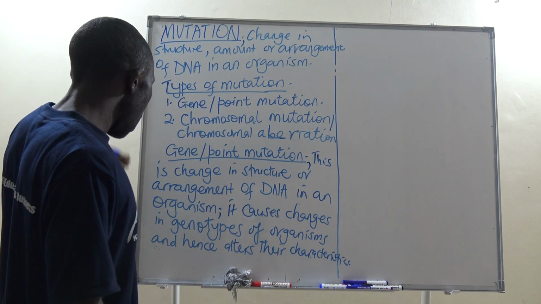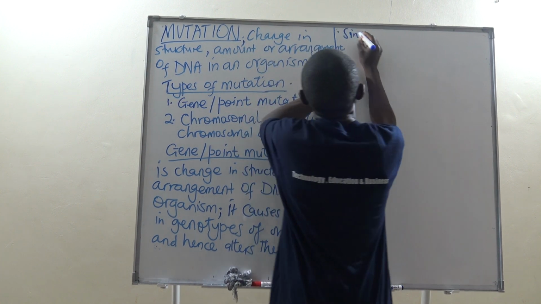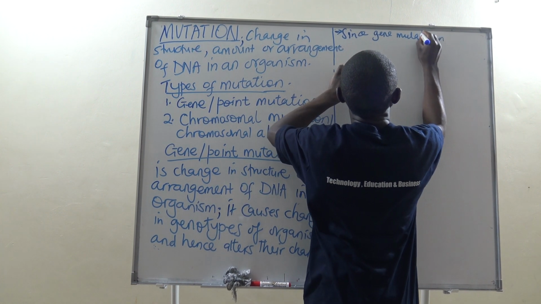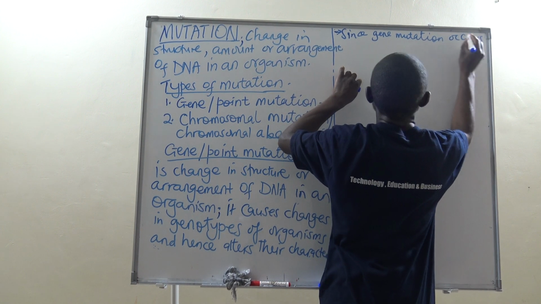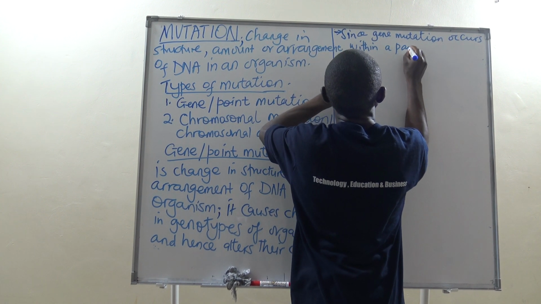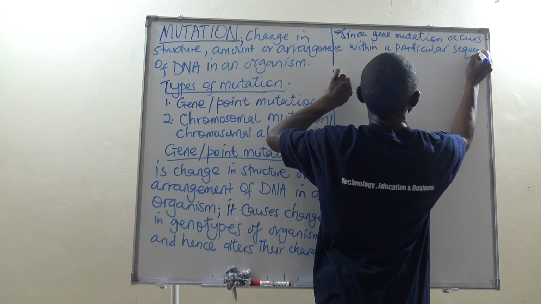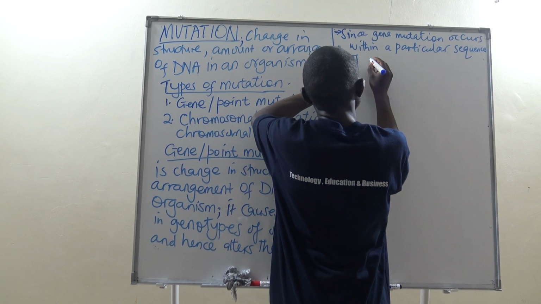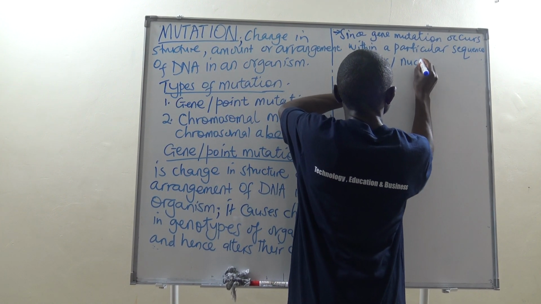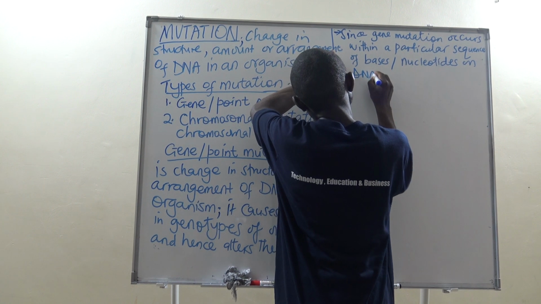So here we shall say that gene mutation occurs within a particular sequence of bases or nucleotides on a DNA strand.